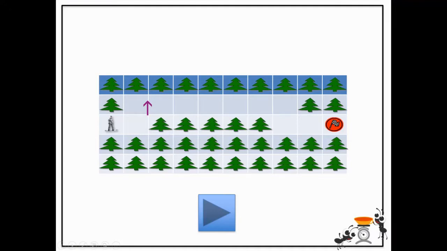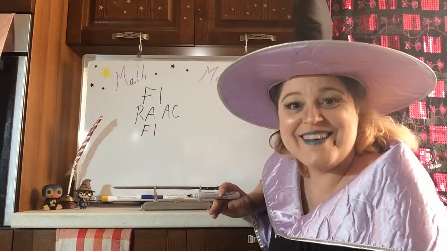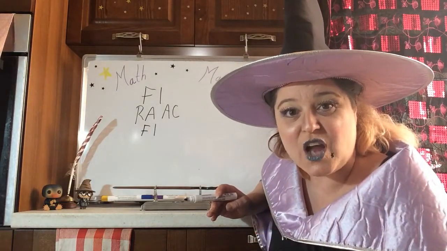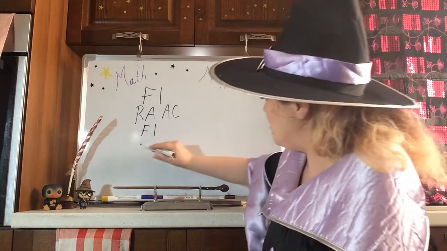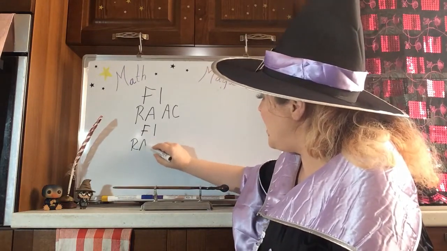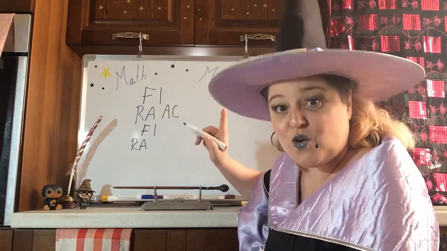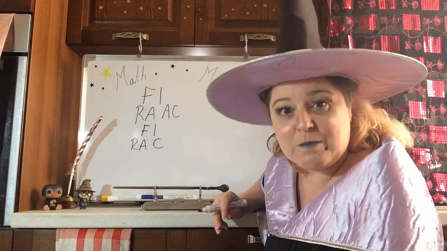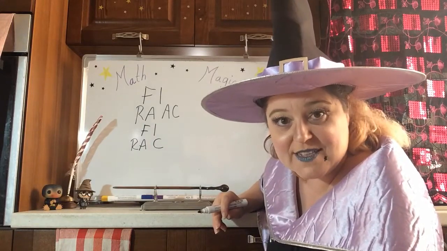Yes, very good. He needs to turn again. Does he need to turn clockwise or anti-clockwise? Look at it carefully. Good. He needs to make a right angle turn clockwise. So, RA means right angle and C means clockwise.